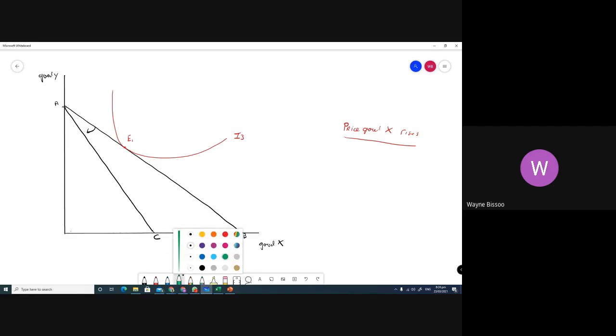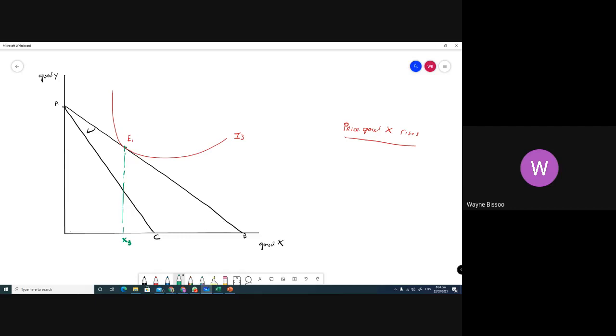At point E, this is my original position here at point E. I was consuming, well, let me call this x3 quantity of x, all right?